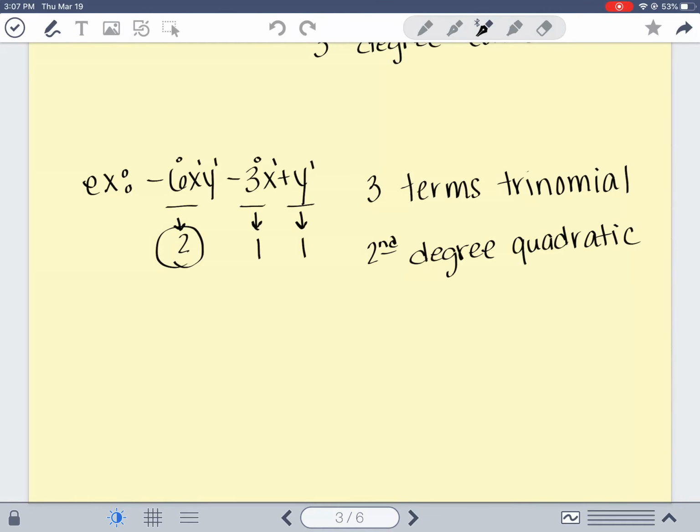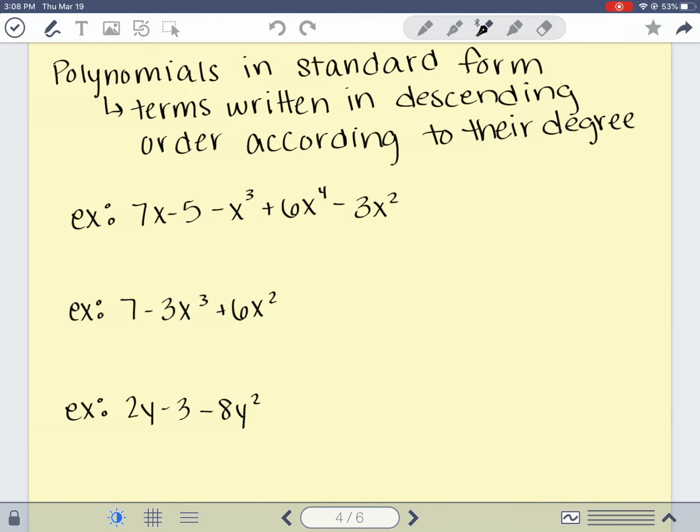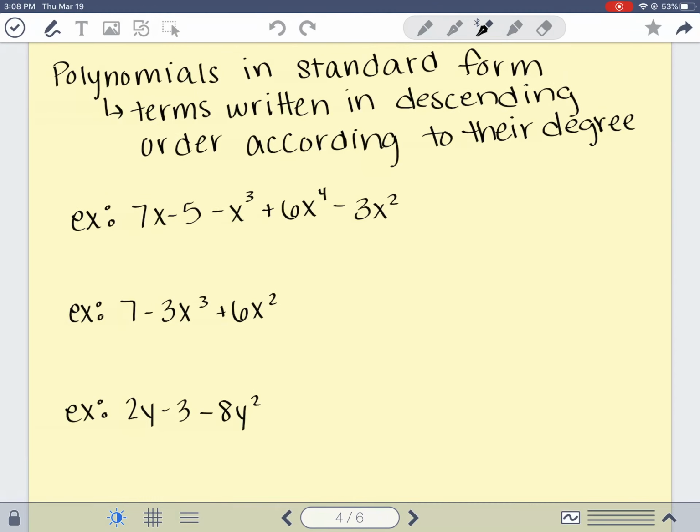All right, now from here, we are going to get into putting these polynomials in standard form. Okay, this is writing these in descending order according to their degree. So we have to, again, look at the degrees. Now, we've got 5 different terms here. And the nice thing is that each of these only has one variable with it.